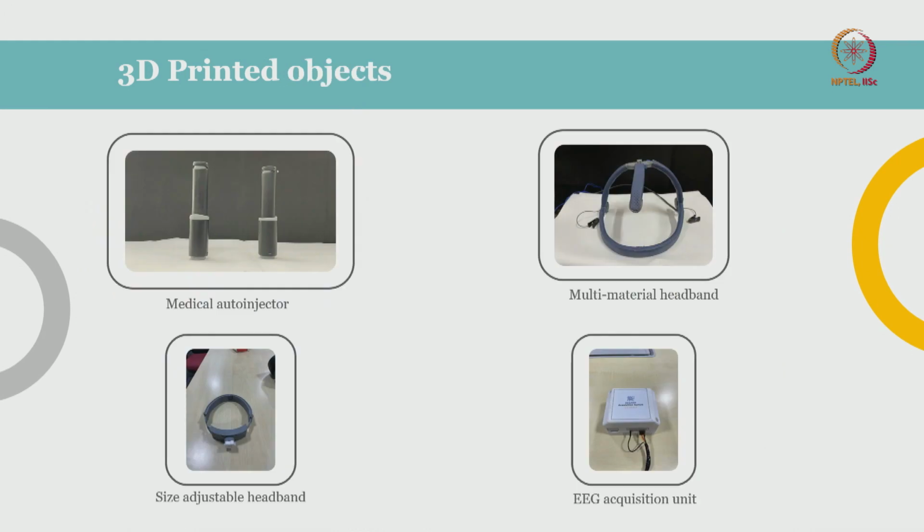So now we will be seeing some other objects. Those two projects only use 3D printing to make some casing. Here there are 3D printed parts which are functional in nature. So this is actually a medical auto injector. So what is an auto injector? Auto injectors are devices which we use for immediate drug delivery to a patient.